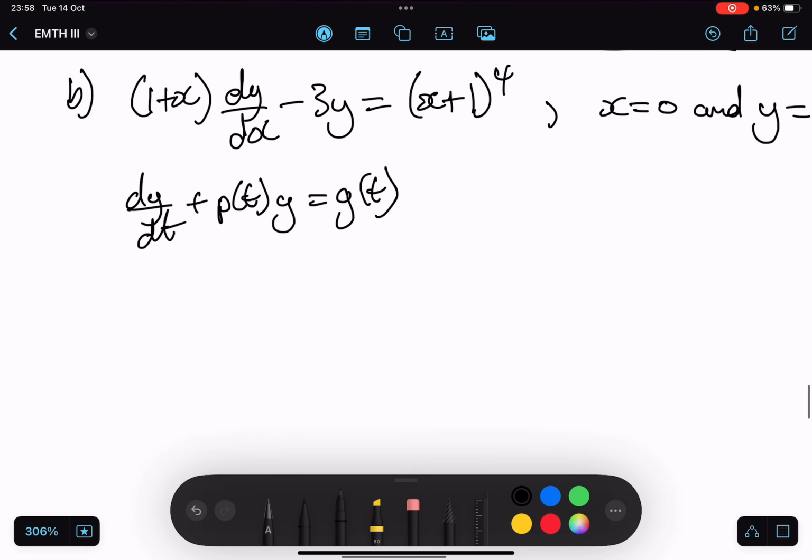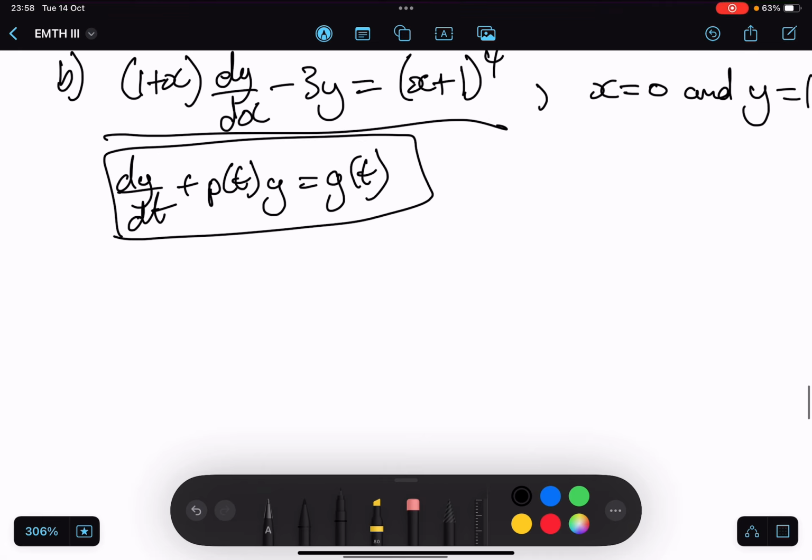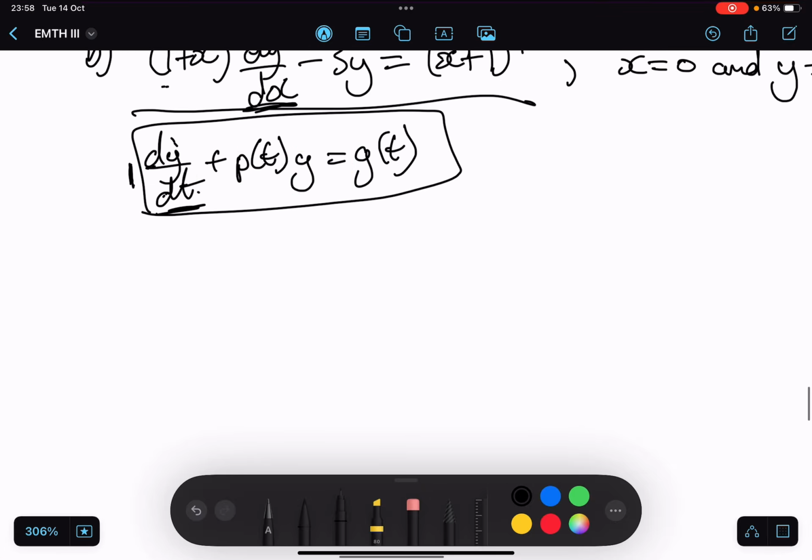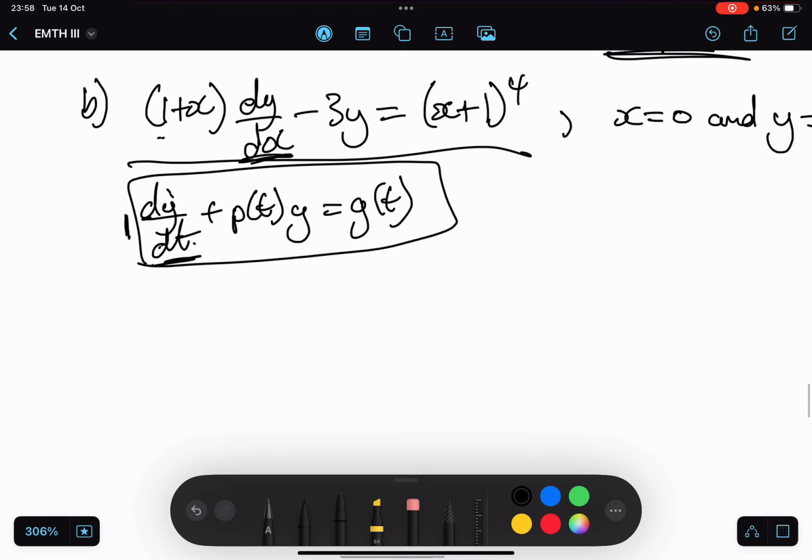We are going to rewrite this equation in this format first before we can do anything else. The coefficient of the first derivative dy/dx needs to be 1, so we are going to divide each and every term by what?